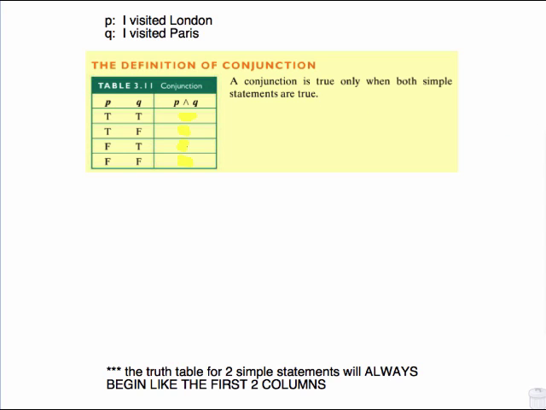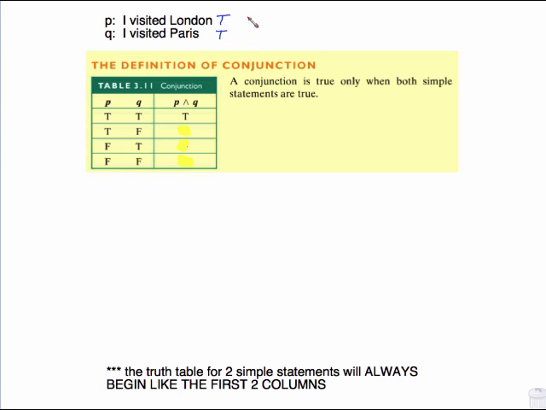It's like this. Here's the two simple statements. I visited London, that's the P. I visited Paris, that's the Q. Your buddy could be telling you the truth about visiting London, and he could be telling you the truth about visiting Paris. That's what this first row is trying to show you, that the P part of the statement is true, the Q part of the statement is true, and if both simple statements are true, that means that the conjunction is true.